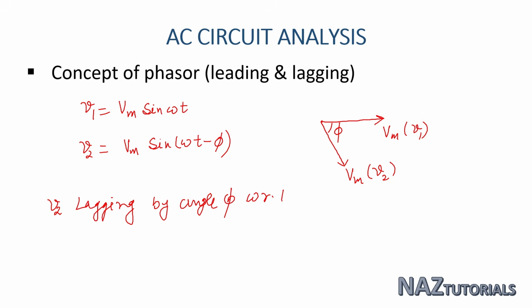V2 is lagging by angle phi with respect to V1. And if you analyze the voltage waveform V1 with respect to V2, you can say the voltage waveform V1 is ahead of V2, or you can say V1 is leading by angle phi with respect to V2.